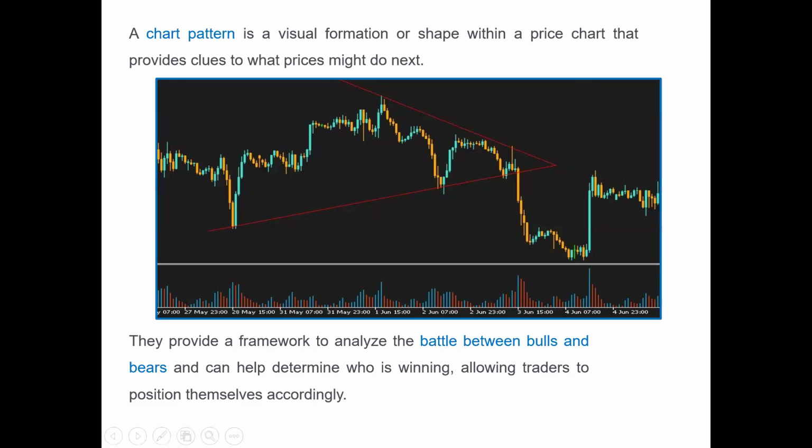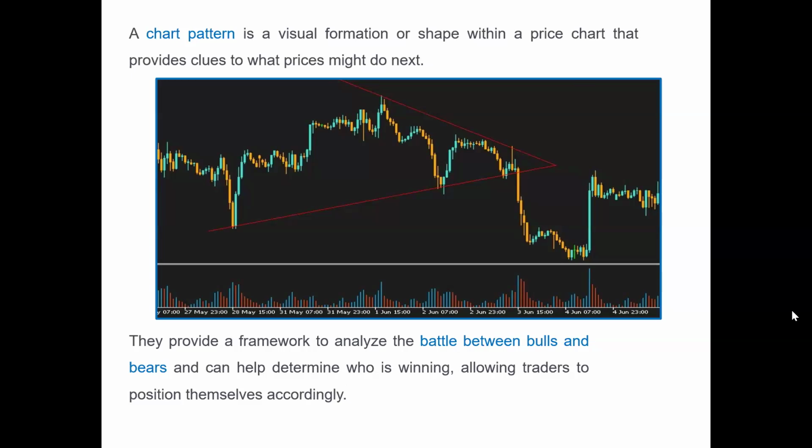And we say that they provide a framework to analyze the battle between bulls and bears and can help determine who is winning, allowing traders to position themselves accordingly. Now, I want you to know that in forex trading, generally in global financial markets, there's always a battle between the bulls and the bears. The bulls are those who are pushing the price higher, while the bears are those who are pushing the price lower.